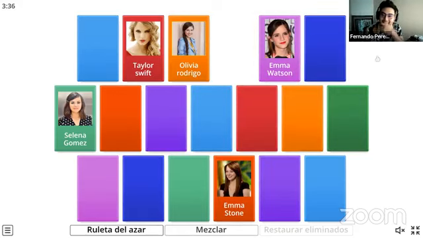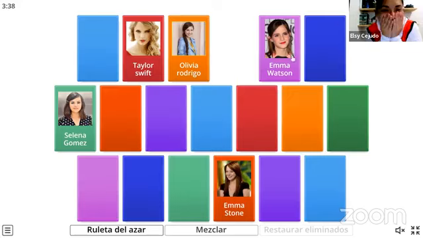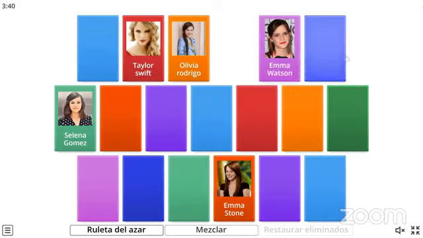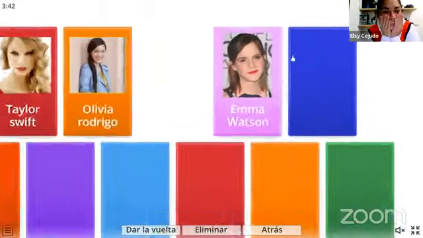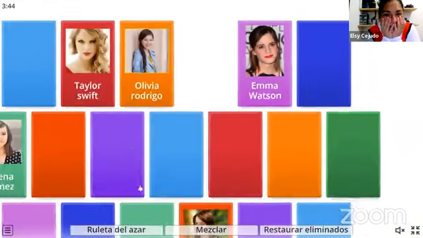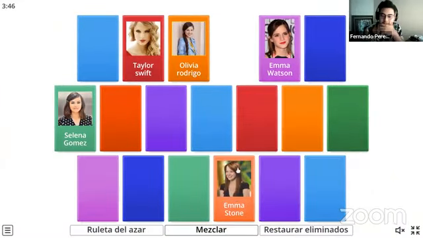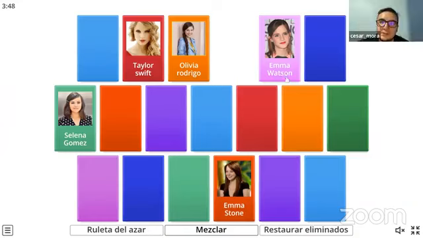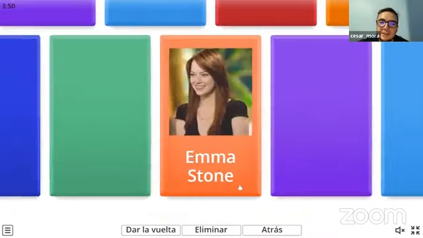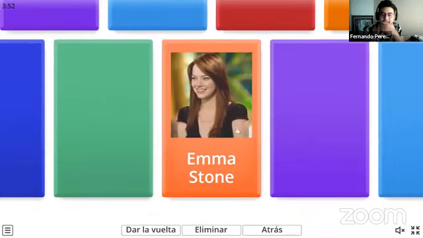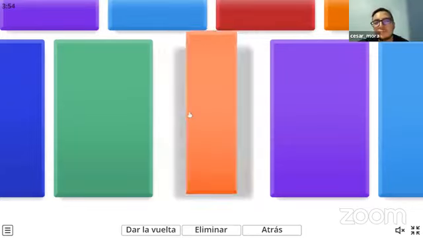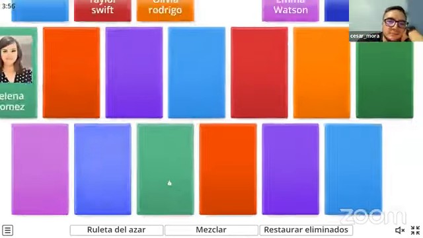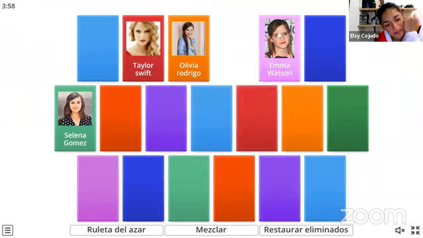Interesting. And Emma. Emma Watson or Emma Stone? Emma Stone. Isn't she young? No. Okay, it's beautiful, but not young.